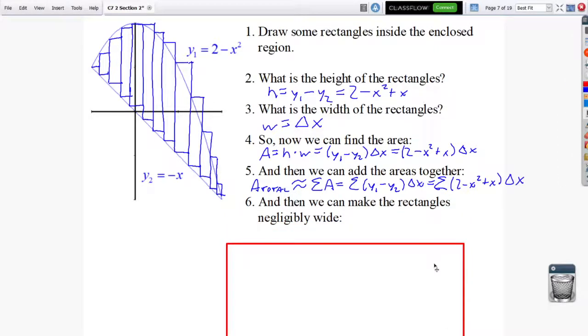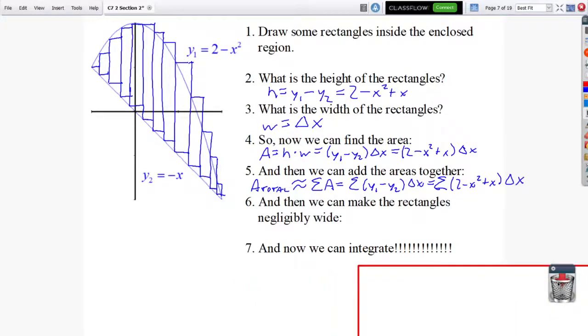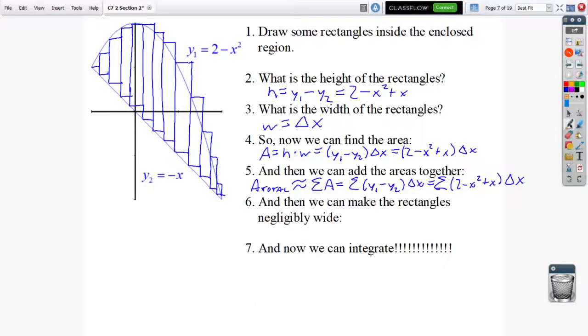Now, I've been saying it this entire example, to find the exact area, we want to make the rectangles negligibly wide. When we make the rectangles negligibly wide, that means we're trying to do an infinite sum because we have infinite rectangles. And we know that infinite sums talk about integration. So here, to find the exact area, I'm going to put this over here because we're going to need some space to write this out.